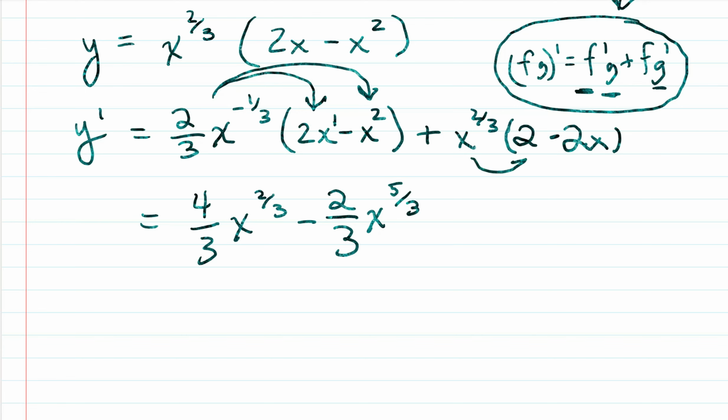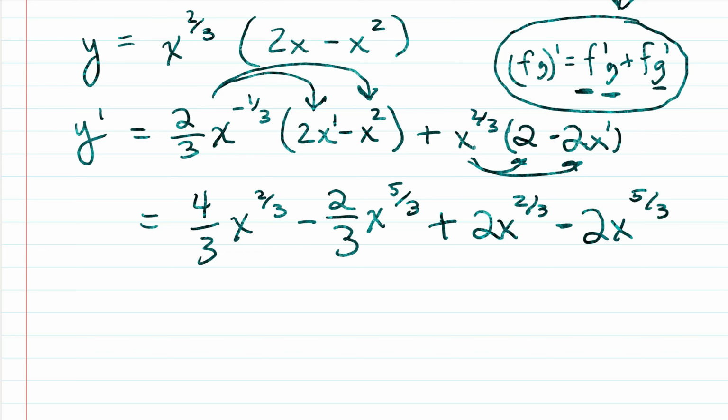And then I'm just going to distribute as well right here. So that one is going to be simply 2x to the 2/3. And then we'll have a negative 2x, and now we have to add 2/3 plus this x to the first power, which is 3/3. 2/3 plus 3/3 is 5/3.